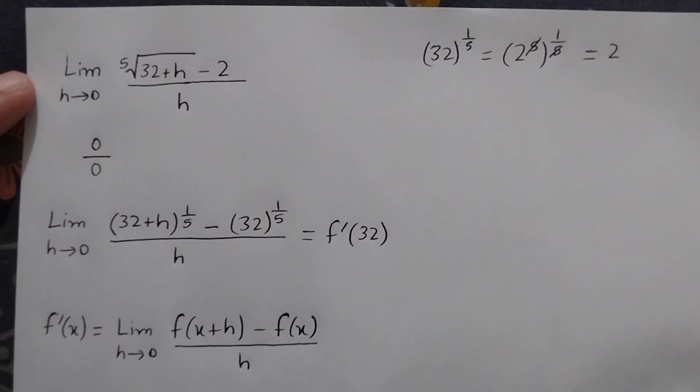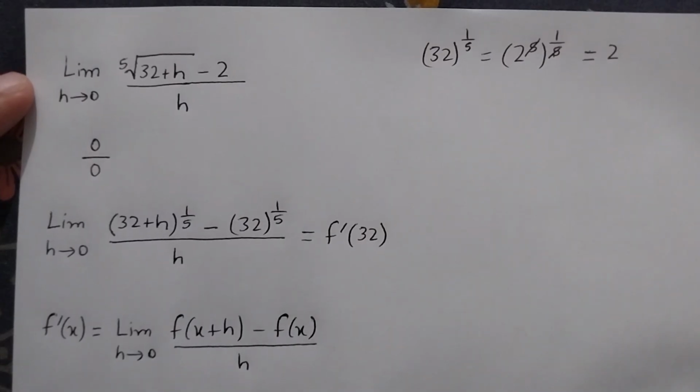And I have written the radical form in power form for the first term as well. So I have written 32 plus h raised to power 1 by 5 minus 32 raised to power 1 by 5, over h.